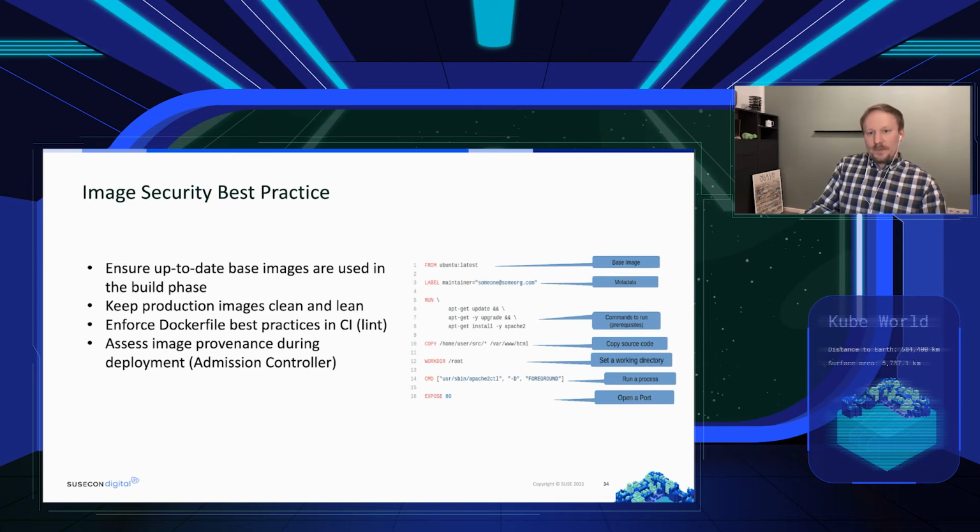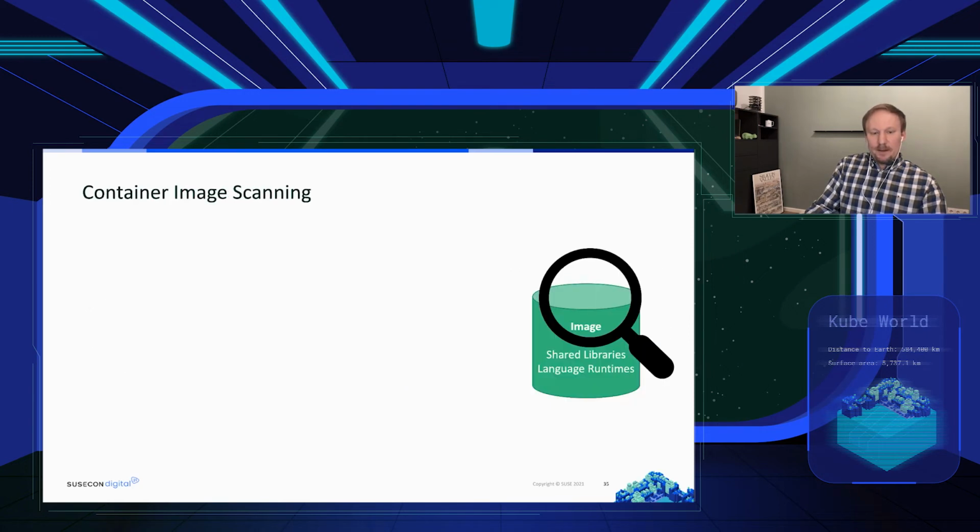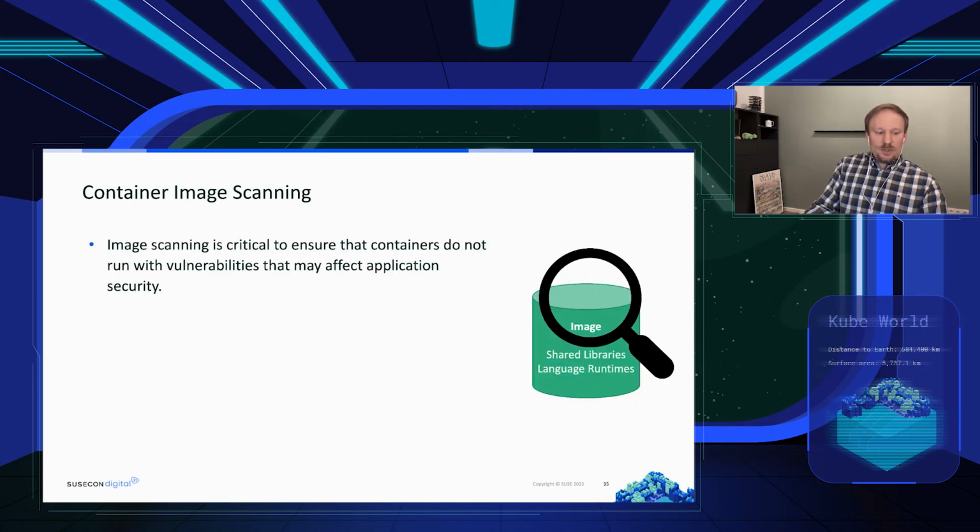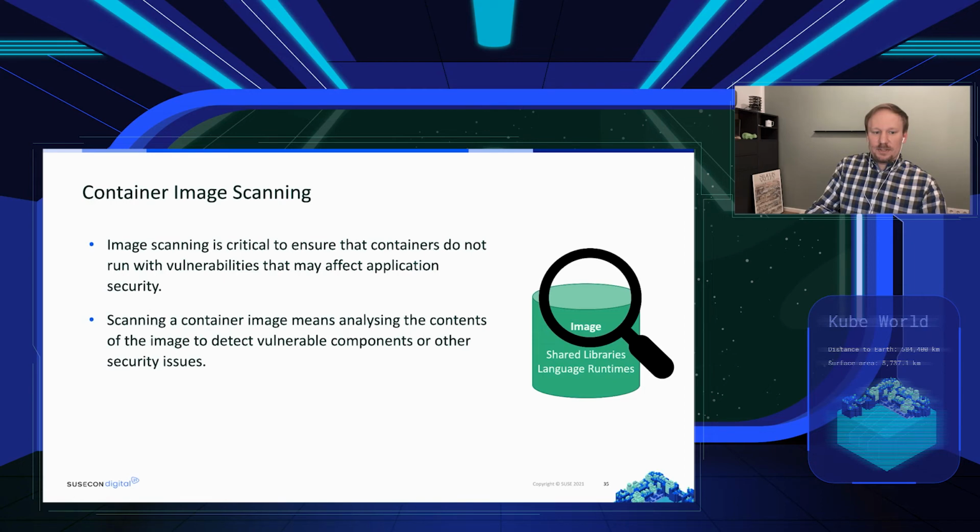So this means, ensure that images are only deployed from a specific registry that you trust. And this, again, is something that you can easily implement with an admission controller, specifically with something like Open Policy Agent, that checks every pod for whether the image is stored in a trusted registry. Now to container image scanning. So container image scanning is critical to ensure that the containers that you deploy into your environment do not include any vulnerabilities that at some point may affect the application security.